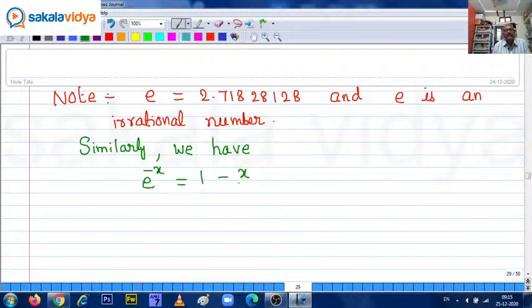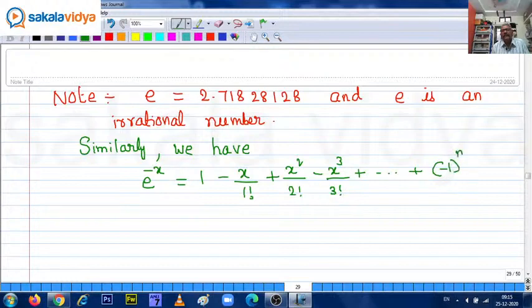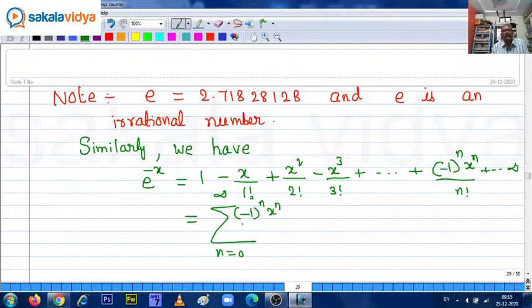It is 1 minus x upon 1 factorial plus x square by 2 factorial minus x cube by 3 factorial and so on, up to minus 1 to the power of n x to the power of n by n factorial plus so on to infinity. This shortly we can write as sigma, n equals 0 to infinity, minus 1 to the power of n x to the power of n by n factorial.